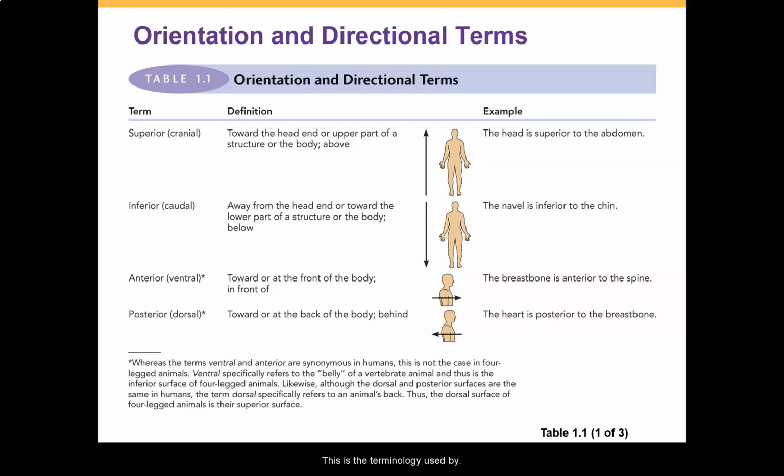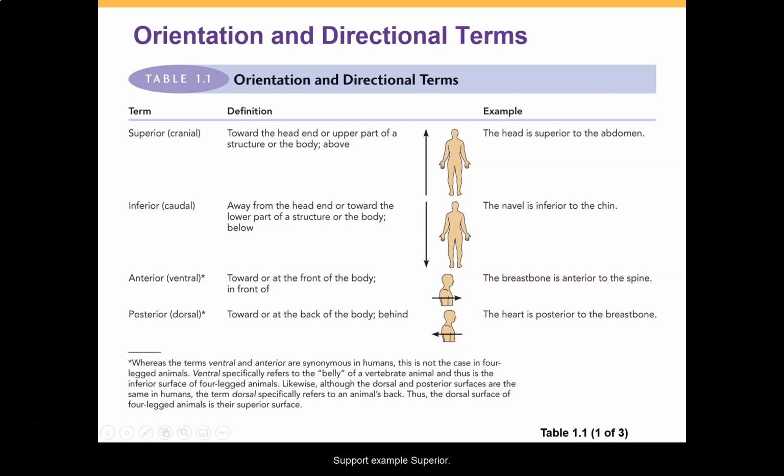This is the terminology used by anatomists, physiologists, medical doctors, and nurses to communicate with each other where organs and body components are that they are talking about. This is often referred to as relative terminology because we are describing organs relative to each other. So organs, components in relation to one another.